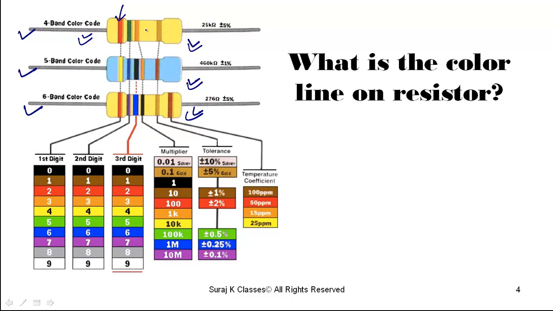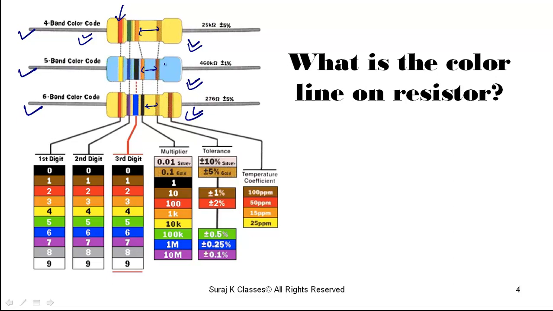See, there is a gap between these bands, maybe between the third and fourth, or the fourth and fifth, or in a 6-band, the fourth and fifth only. So there is a difference between these two.